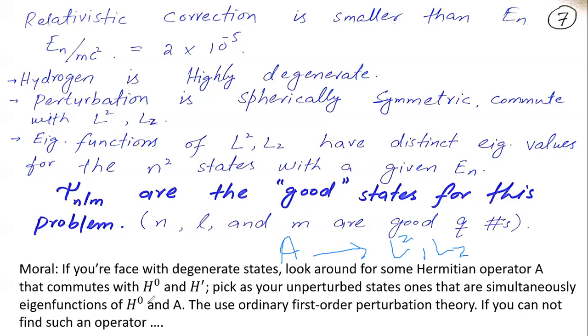So what are the eigenfunctions of H naught and A, which is L square and Lz? These are the eigenfunctions of H naught, L square and Lz. That's how we use non-degenerate perturbation theory to calculate the relativistic first order correction to the Bohr energies. In the next video, we will start discussing the spin orbit coupling.